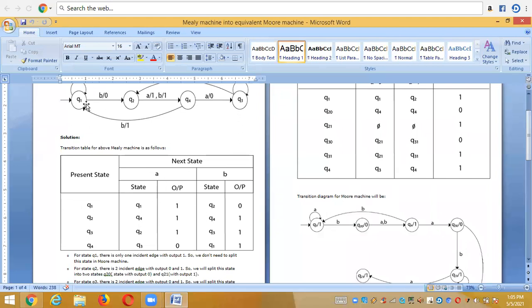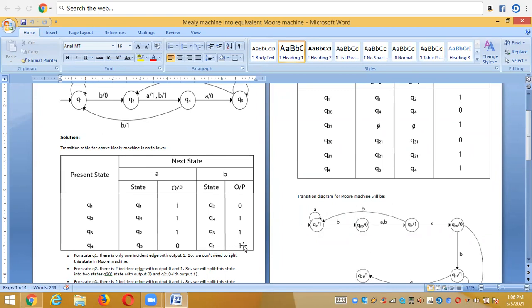Here my set of states starts with Q1, so I need to check the Q1 state and its output alphabet. Here I have a Q1, and here I have a Q1. The output of this Q1 is 1 at the input A, and at the input B I need to check as well. The output of Q1 is 1 and the output of Q1 is 1.